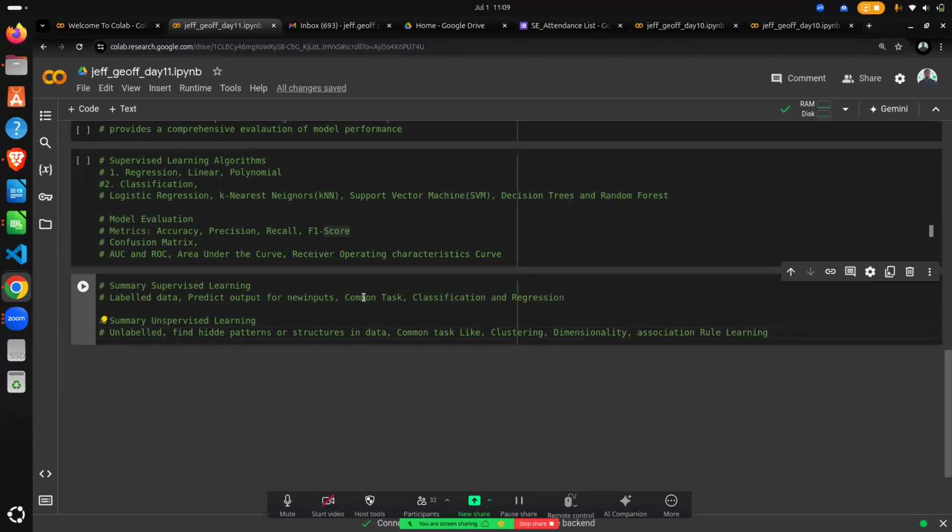Now, the difference between them, if you want to understand them by definition, just to give you a little bit of a glimpse.